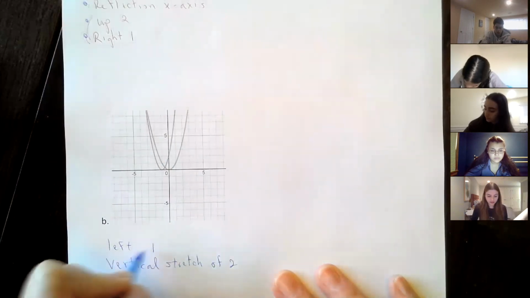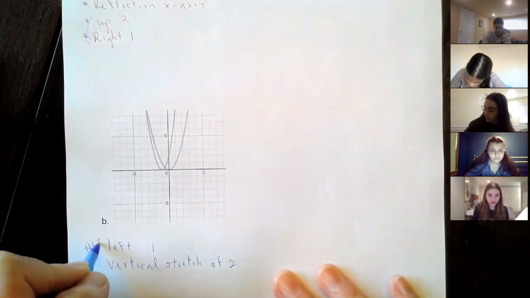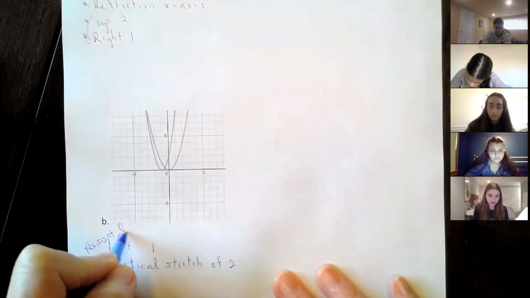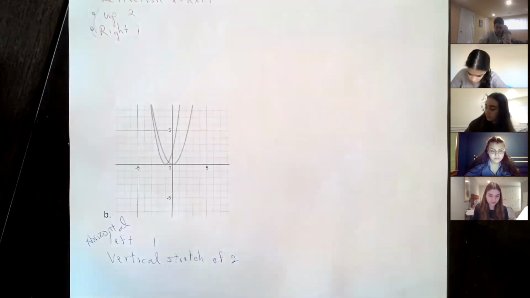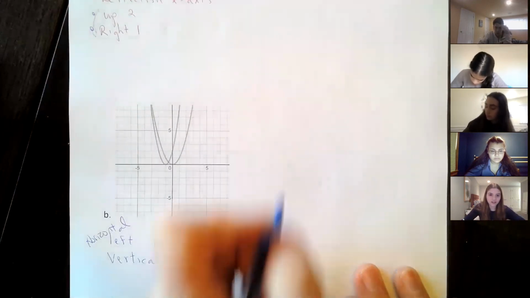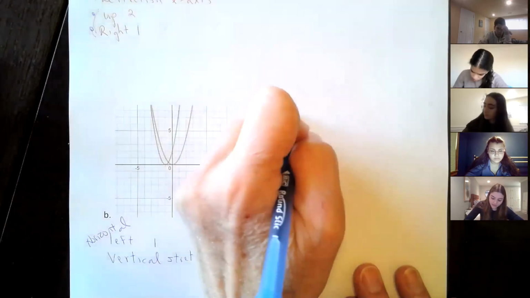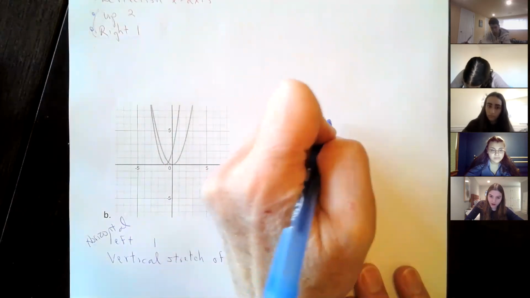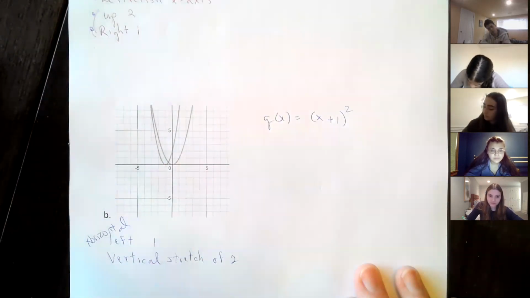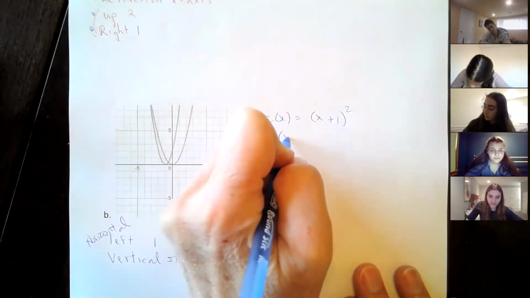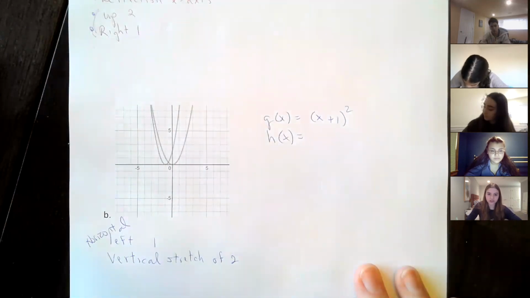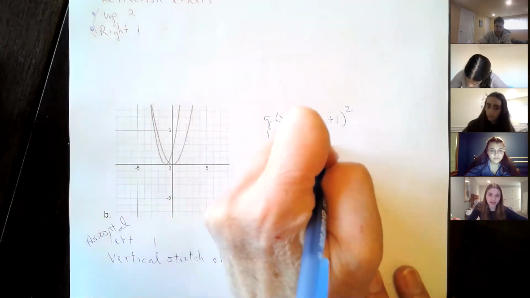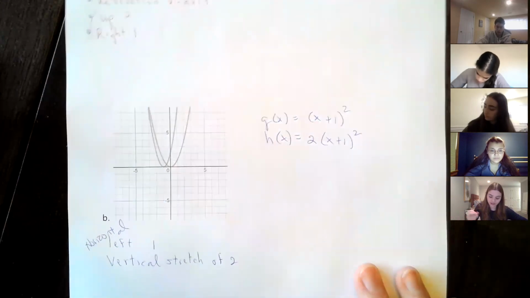This one's horizontal and the other one's vertical. Since they're not doing the same thing, we can do them in either order. We'll do left 1 first, so it's x plus 1 squared. And then vertical stretch of 2, so 2 is to the whole thing. It's just 2 outside the parentheses.